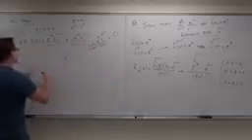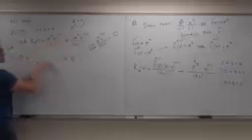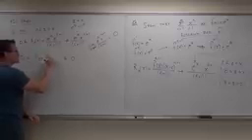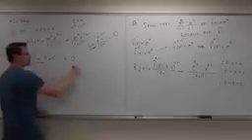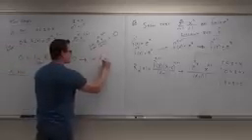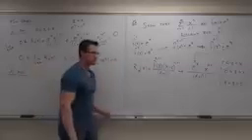Okay, therefore, if this limit gives you 0, and the limit of this thing is 0, tell me what this is going to be. Therefore, the limit of the remainder as n approaches infinity, by the squeeze theorem, the limit of the remainder of our Taylor polynomial as n approaches infinity must also be 0.